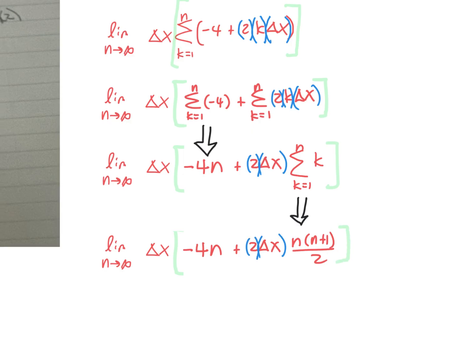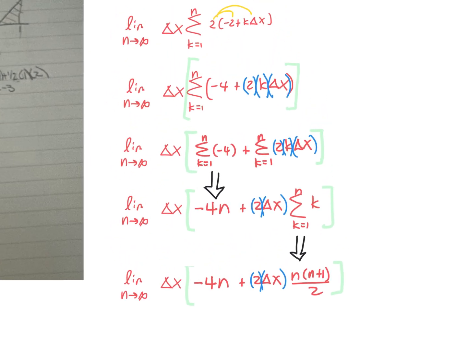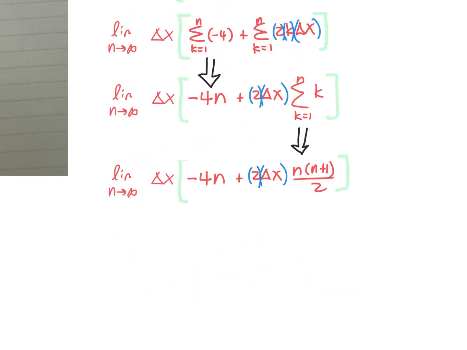So hopefully that makes sense. And then what the teacher is expecting is for you to clean that up. How would you do that? Well, you would acknowledge that these twos would cancel. And then you would be left with this delta x times n plus 1, right?